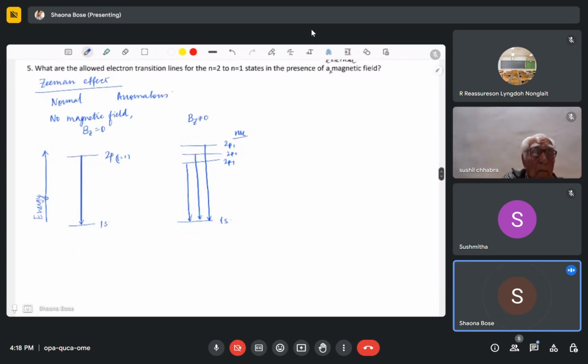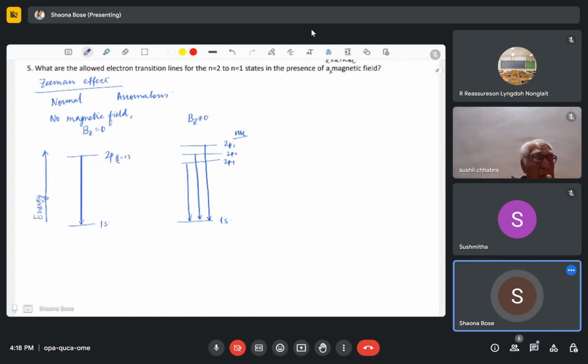This was the normal Zeeman effect. You just put an electron in a magnetic field, and this external magnetic field is interacting with the angular momentum of the electron, and accordingly it lifts the degeneracy in the individual energy states.